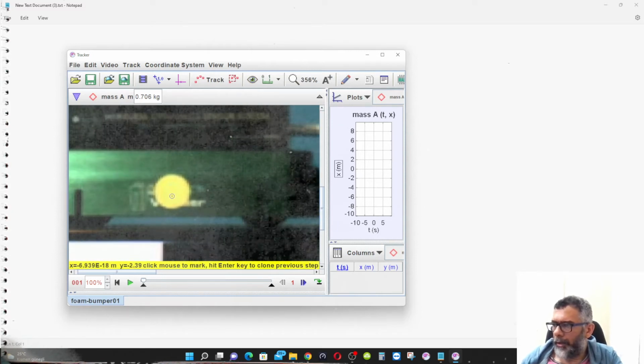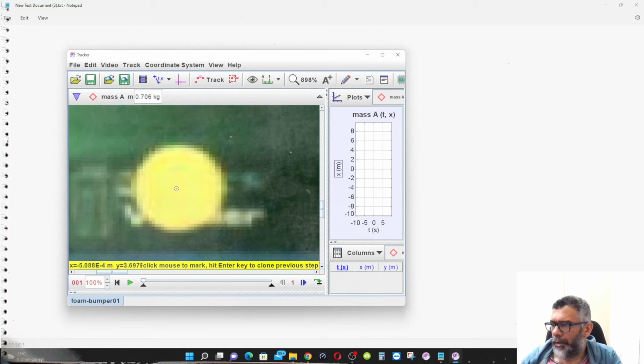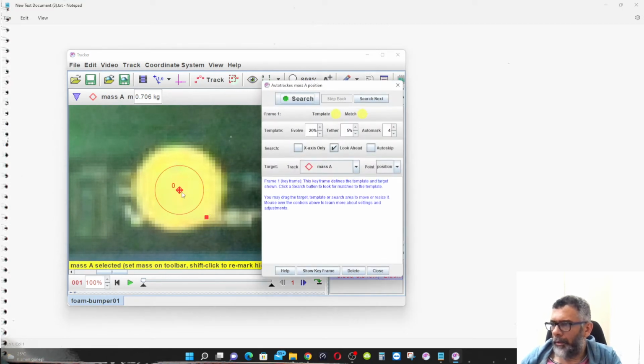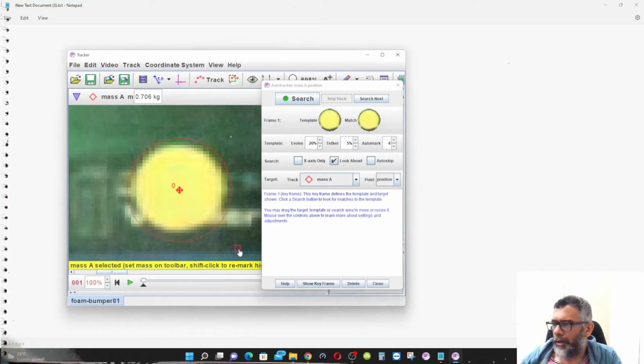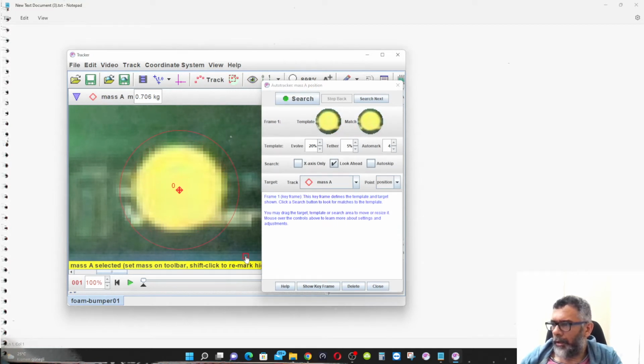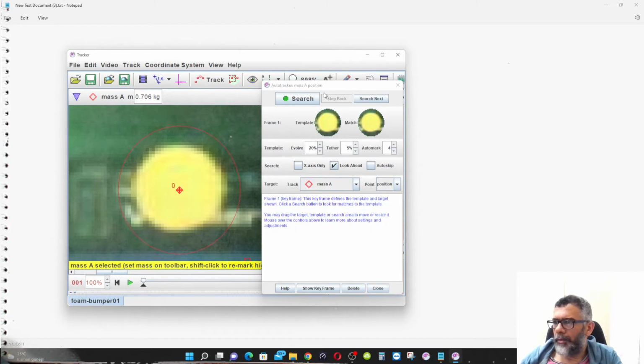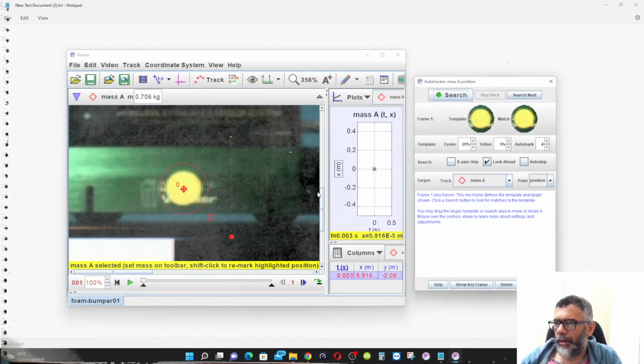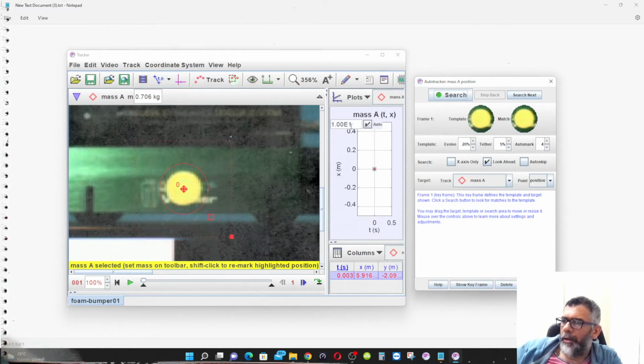I'm going to enlarge it so that I can pick the center of the yellow label, and so that the tracker can tell the yellow apart from the surroundings. Then we're going to collect the position at every frame for the center of the yellow.